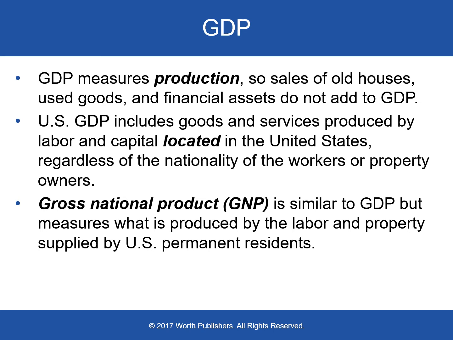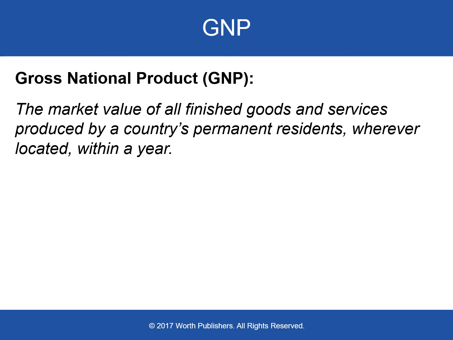And I'm not going to get into some of that technicality. That's another one of those accounting issues that for the economist are kind of secondary. So gross national product is the market value of all finished goods and services produced by a country's permanent residents wherever located within a year.